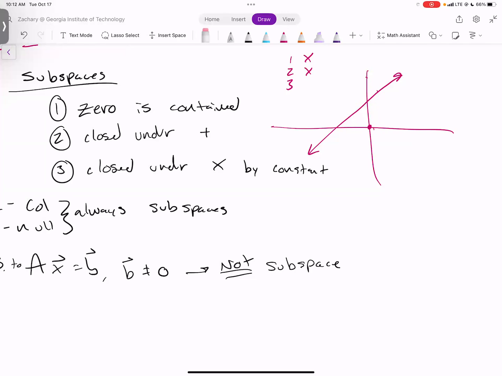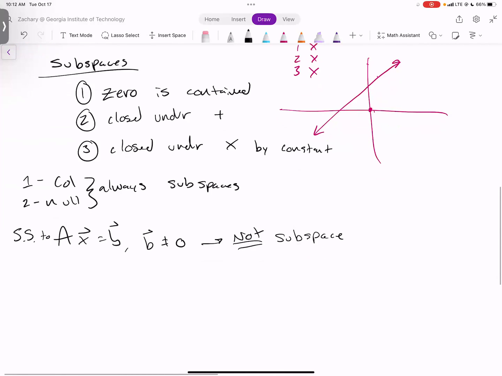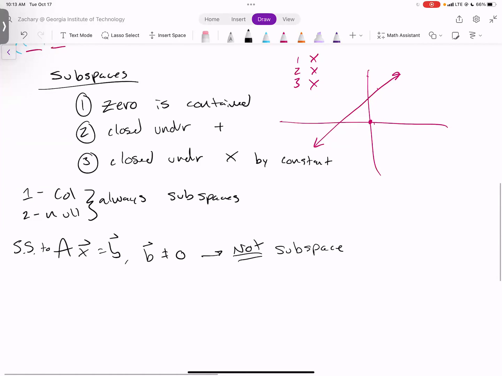And lastly, if I have some vector that corresponds to some point on that line and multiply it by any number, you will not remain on that line. For example, if we multiply by 2, we're way up here, not on that line anymore. This is not closed under multiplication either. So an inhomogeneous solution set meets none of the conditions and is definitely not a subspace.